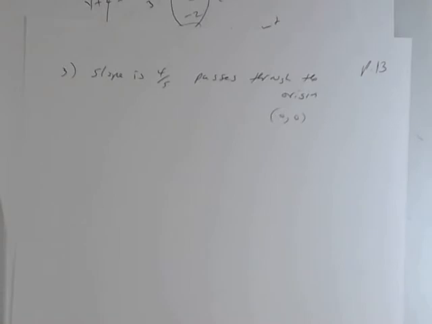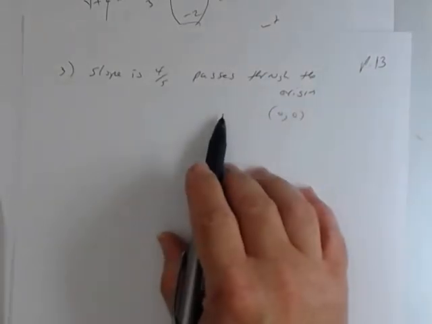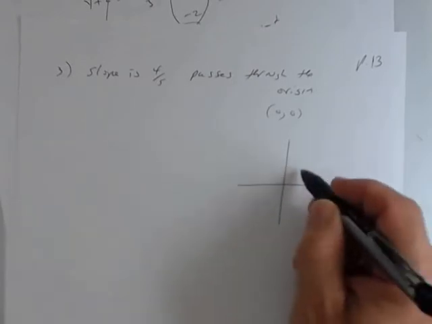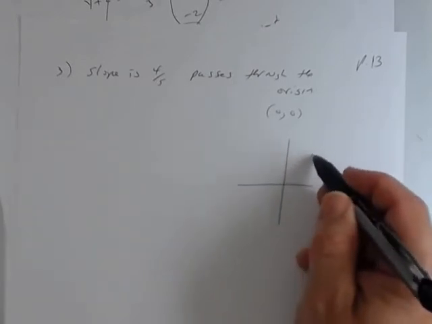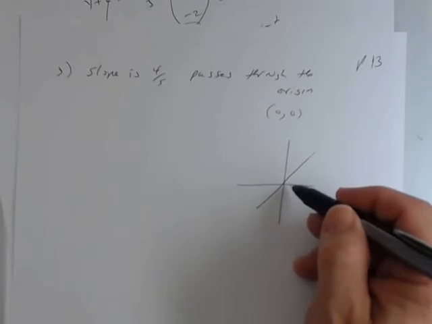Now, you may not notice this, but what is the y-intercept? 0. Because remember, we say it passes through the origin, right? So if it passes through the origin, doesn't it pass the y-axis at 0?